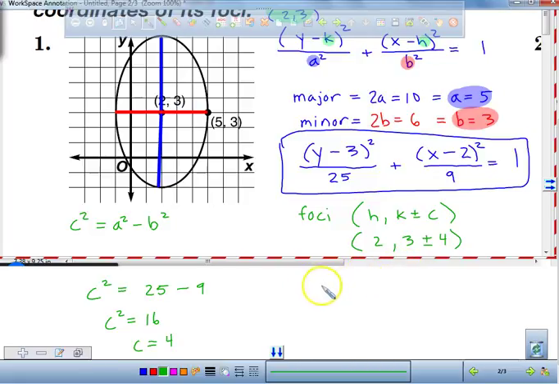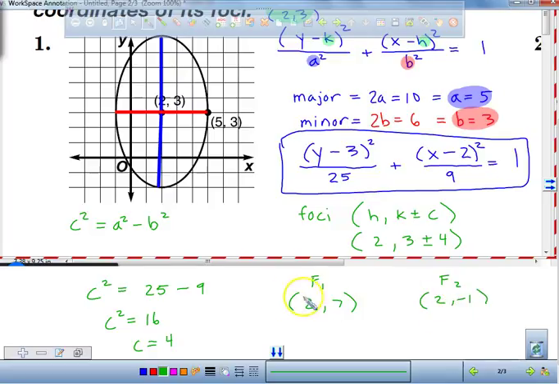So we have two foci, which we'll call focus 1 and focus 2. Focus 1 is going to be at 2 comma, what's 3 plus 4? 7. So one of our foci is going to be at (2, 7). What's 3 minus 4? Negative 1. So one's going to be at (2, -1).